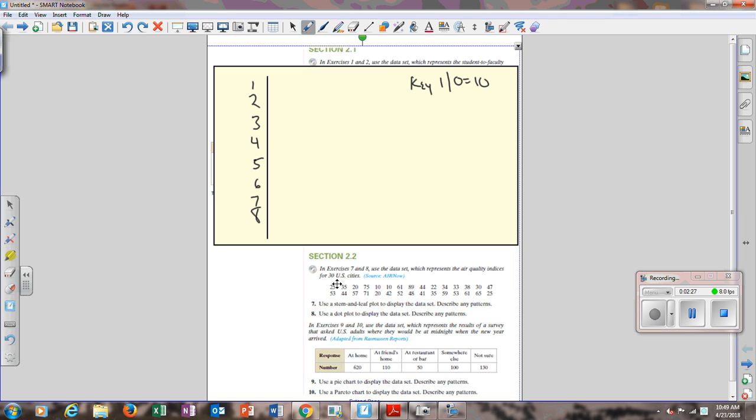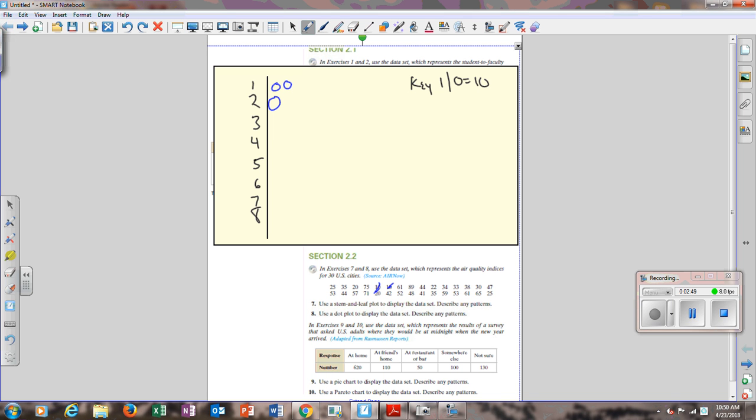Okay, so let's look for all the ones. We have 1, 0, 1, 0, and that's it. So we're going to end up with two zeros there. Let's look for the 2's. We have 20, 25. Let's cross these ones out too.